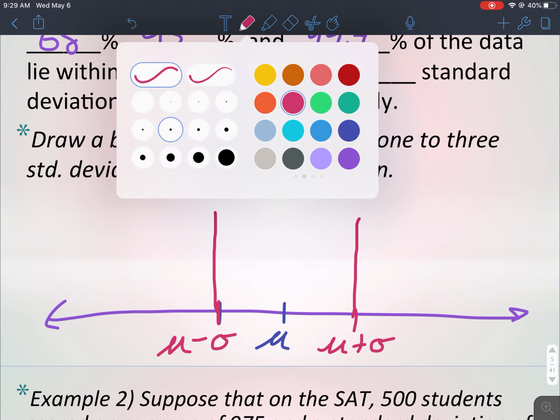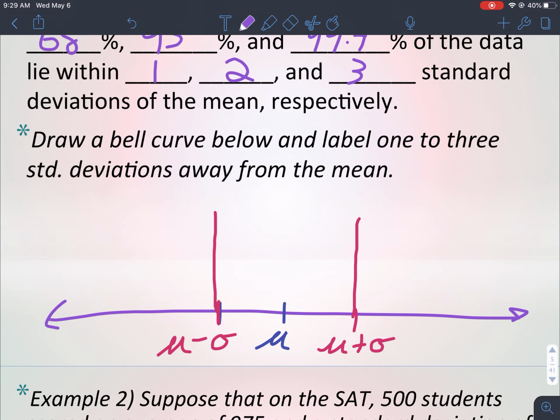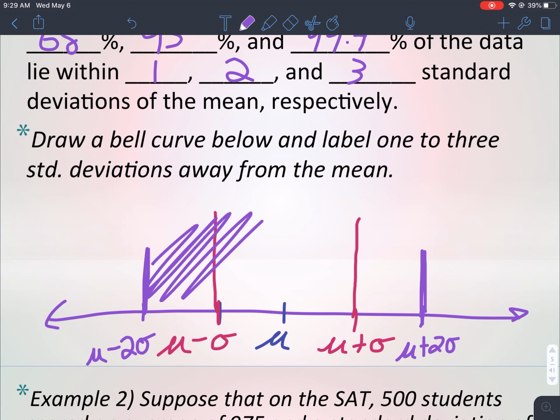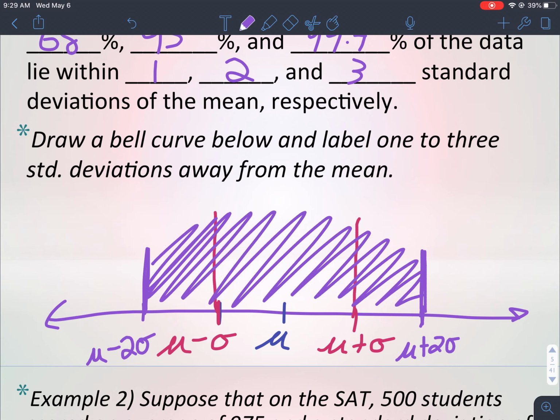If I do that again, then I'm going to get mu minus 2 sigma and mu plus 2 sigma. In between there should be 95% of the data.